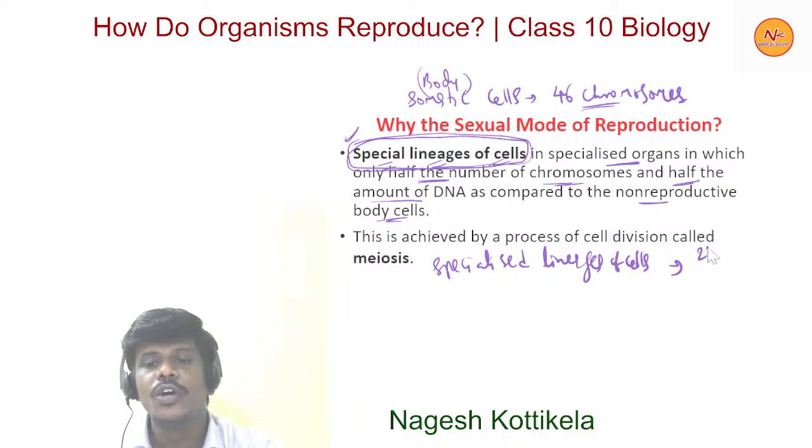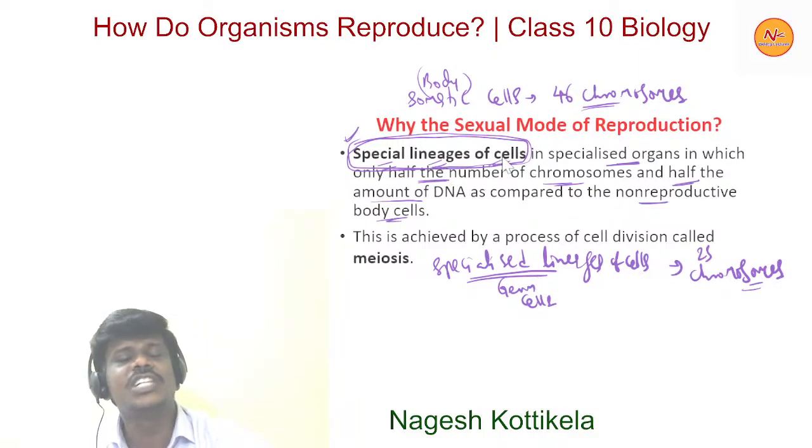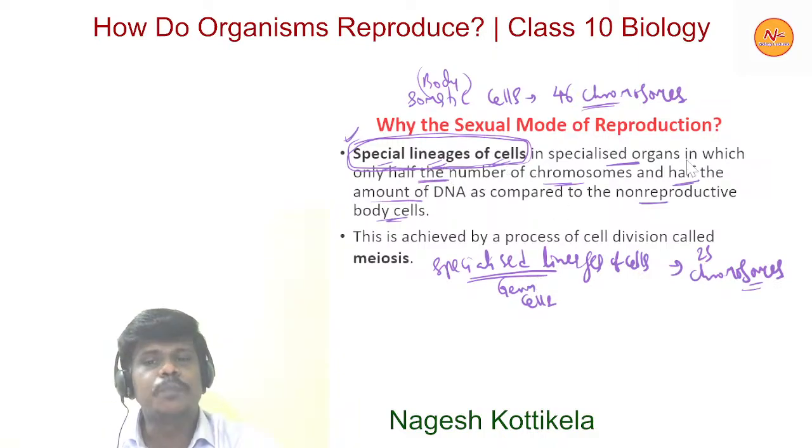Instead they have 23 chromosomes. These specialized lineages of cells are called germ cells, or gametes. They are found in specialized organs, with only half the number of chromosomes and half the amount of DNA as compared to the non-reproductive body cells.